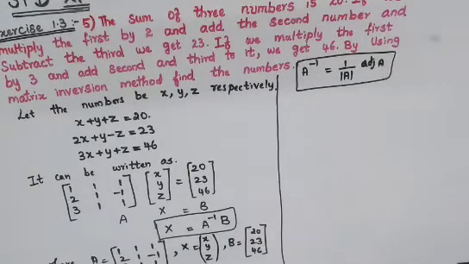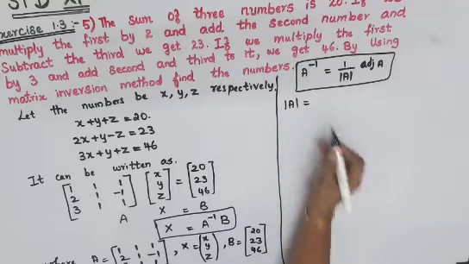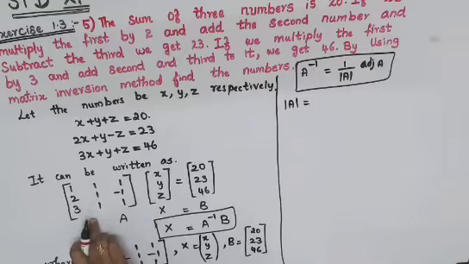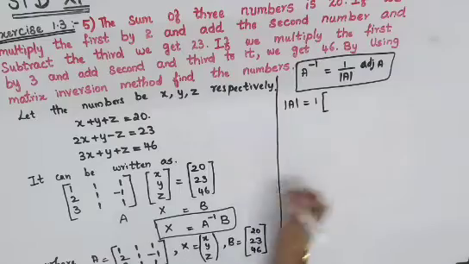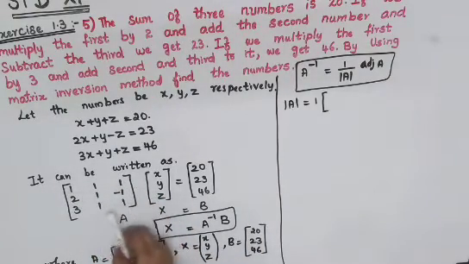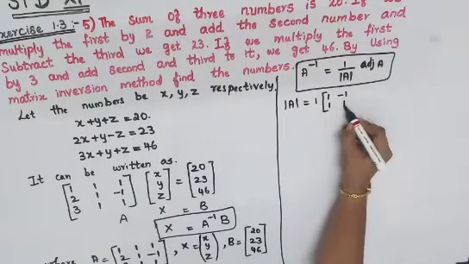So first we'll have to go to determinant of A. So determinant of A is equal to, your A is here. So 1, the minor of 1, open your bracket, removing your row and column, you'll get 1 minus 1, 1, 1.